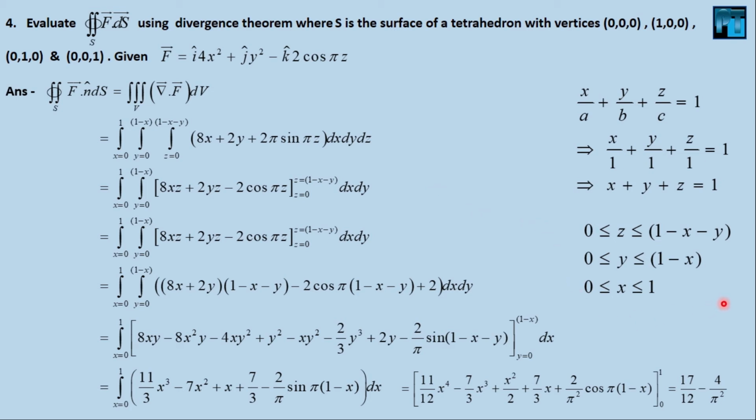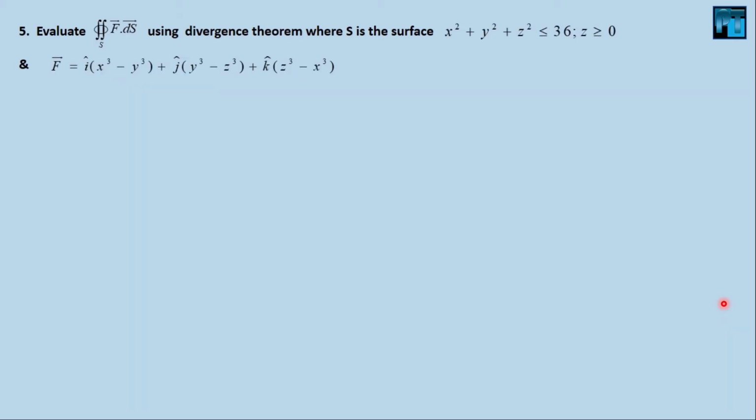Now, our fifth problem: evaluate this integral using the divergence theorem, where S is the surface given by, actually this is a spherical surface of radius 6, and z is in the positive z direction, so that will be a hemisphere in the positive direction, and F is given.